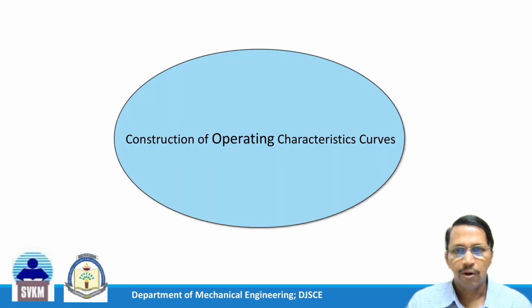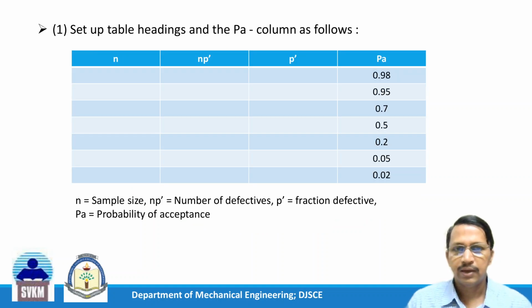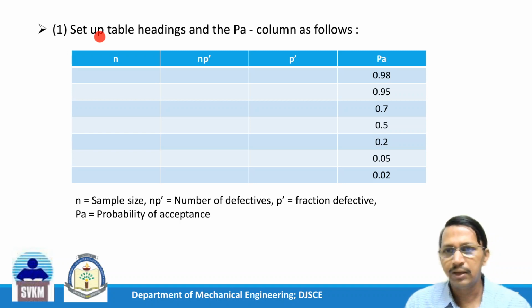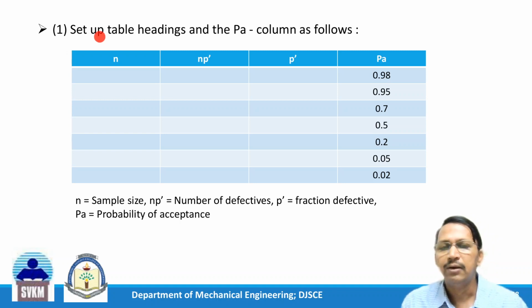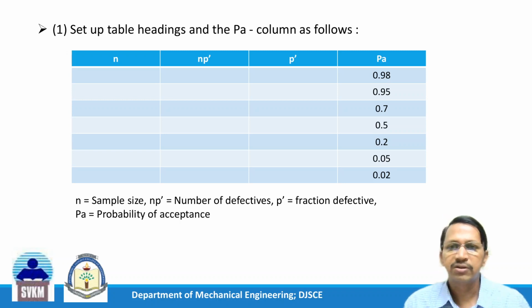Construction of the operating characteristic curve. Let us see the method for construction of the operating characteristic curve. This is the manual method. Nowadays you can directly use software packages like Excel, Minitab and many other statistical packages.